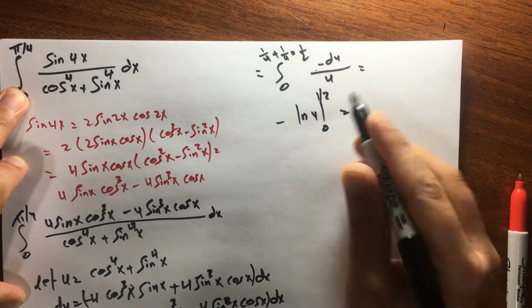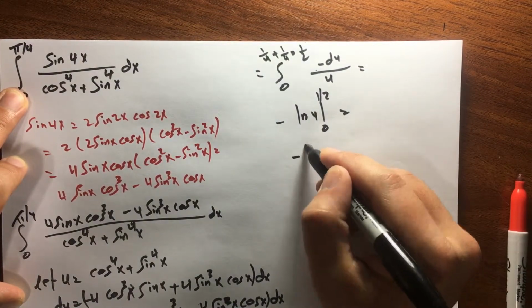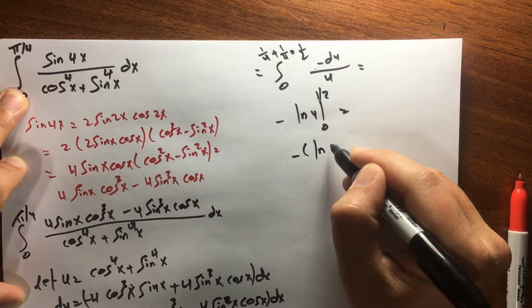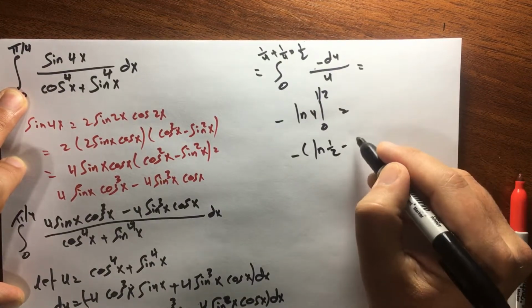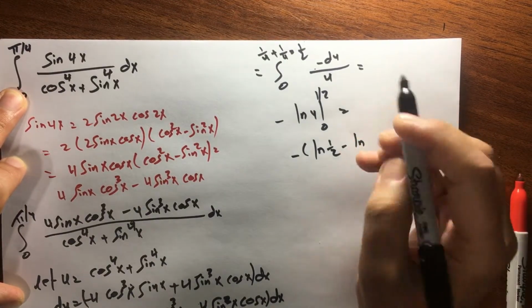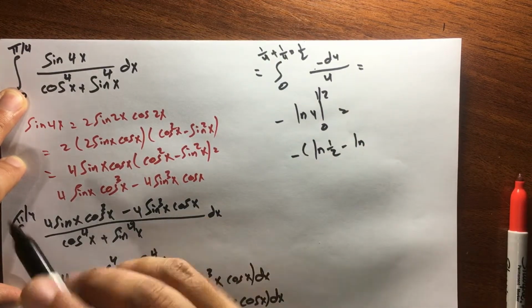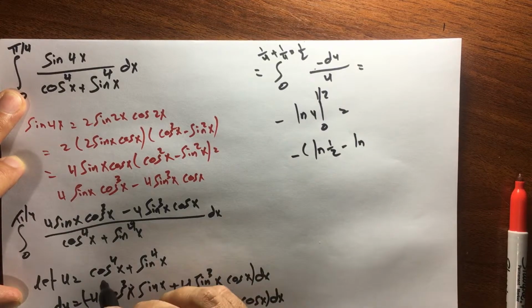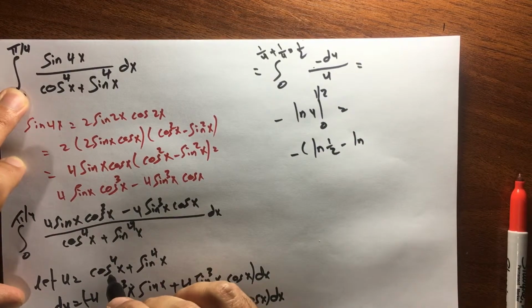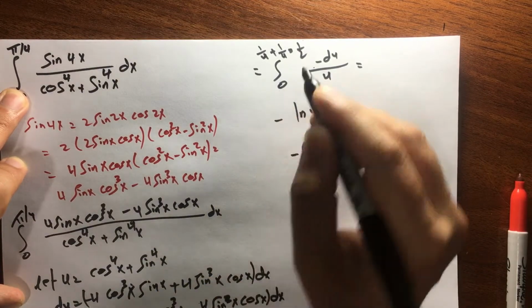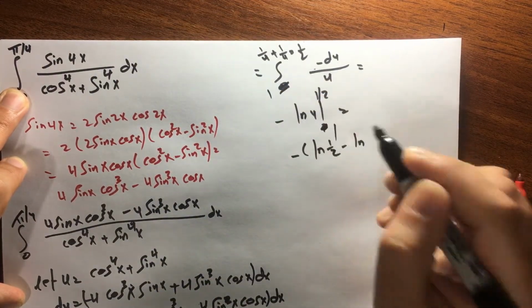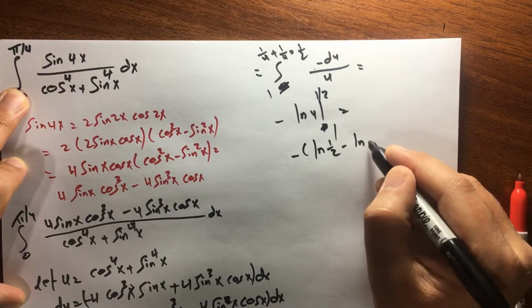This equals negative of natural log of 1/2 minus natural log of the lower limit. When x equals 0, cosine of 0 is 1, and 1 to the fourth power is 1, so we have natural log of 1.